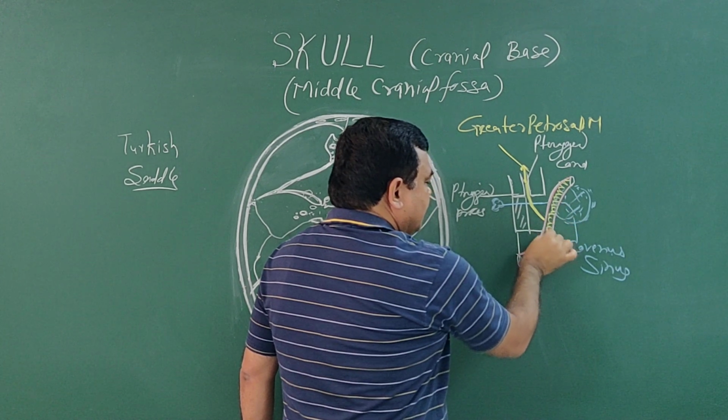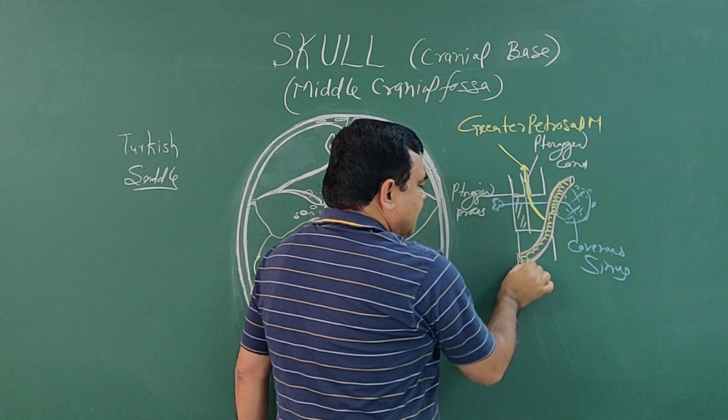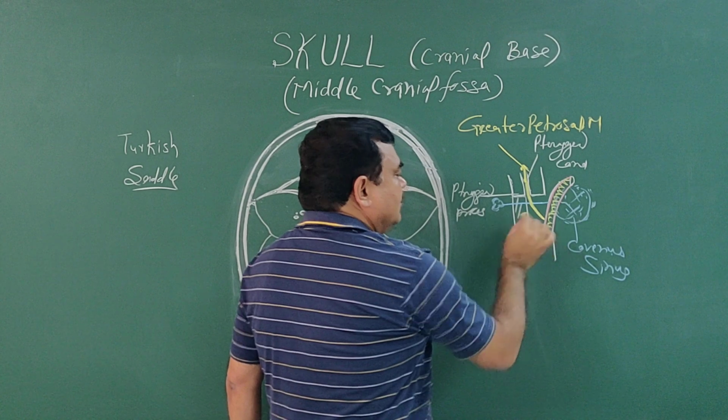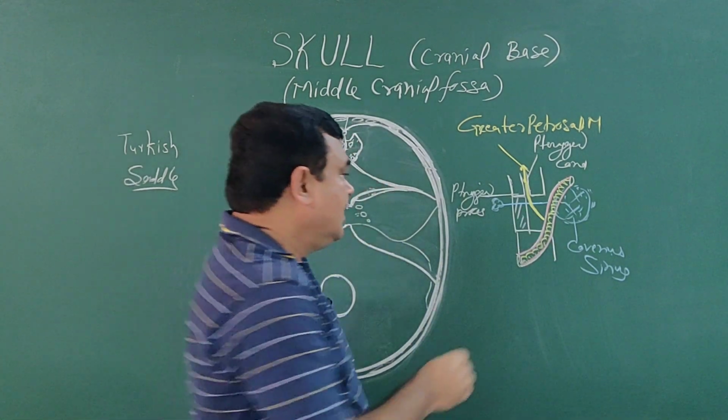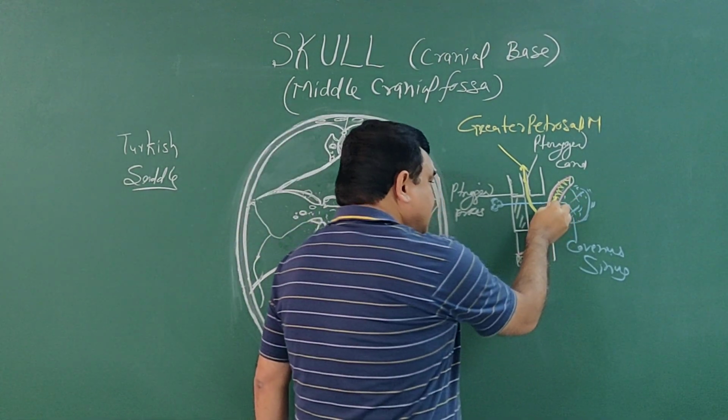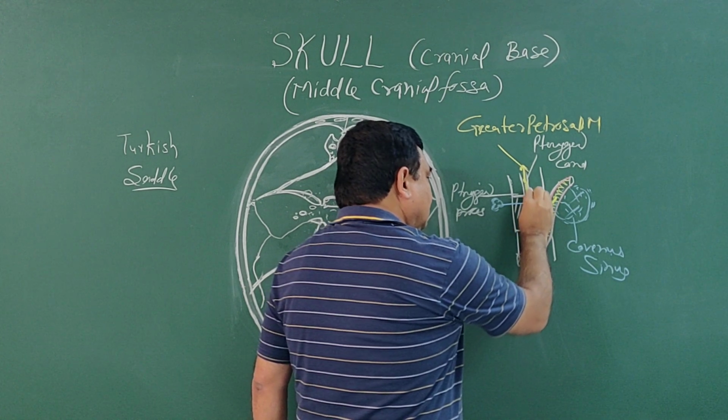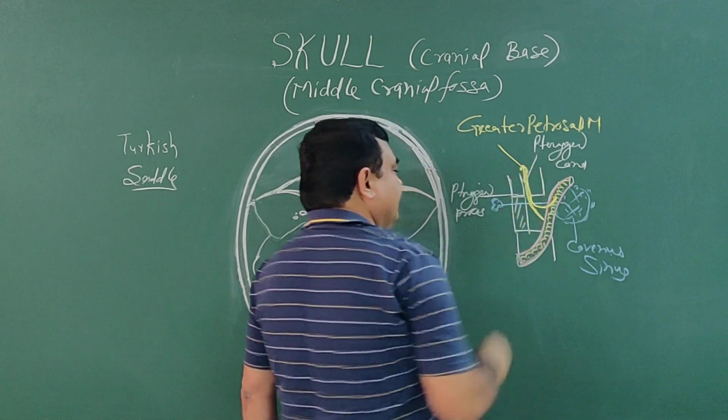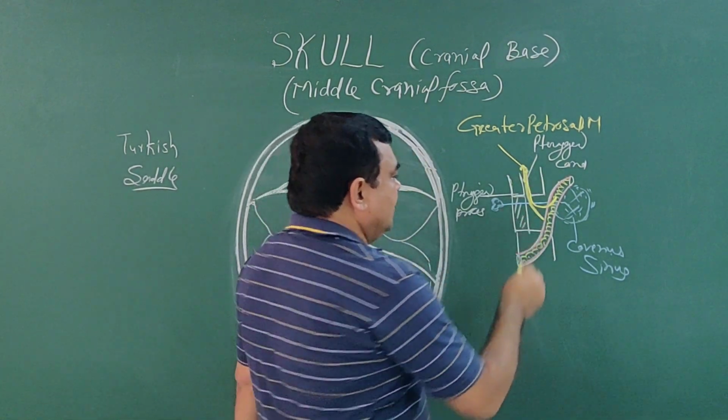And another nerve, a sympathetic nerve, forms a plexus around the internal carotid artery. From here one branch arises. This branch passes through this foramen. This is the deep petrosal nerve.